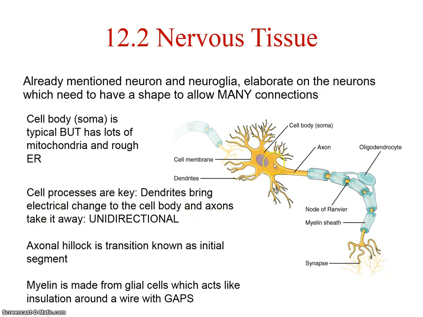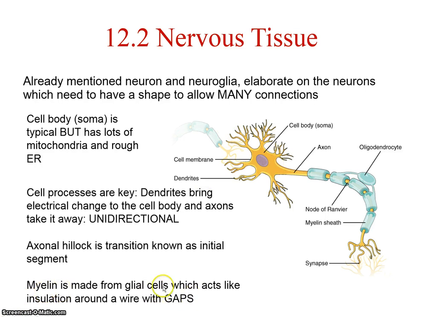The axonal hillock, which is right about here, is called the initial segment, and it's important. This is key to determining whether or not this neuron is going to respond to this neuron, because these are a network of responses or transmission from one part of the body to another.